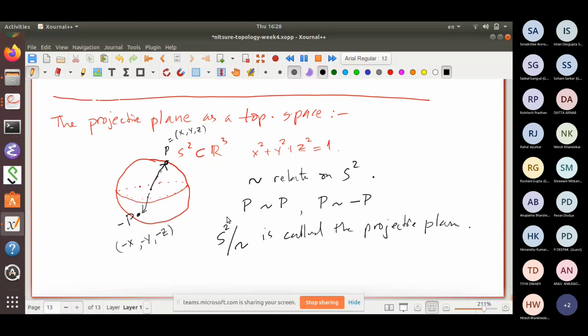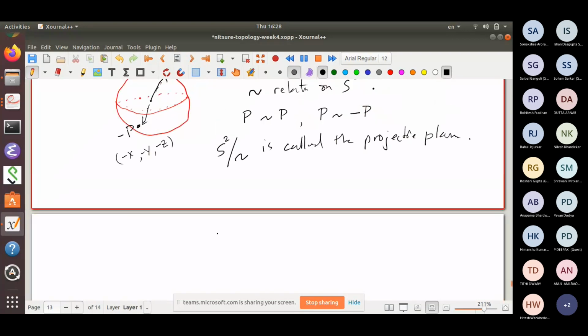Another way of saying the same thing. I have the multiplicative group plus minus 1. This is a group G. This is isomorphic to Z mod 2. G acts on S2.